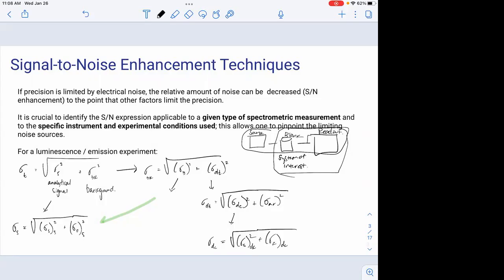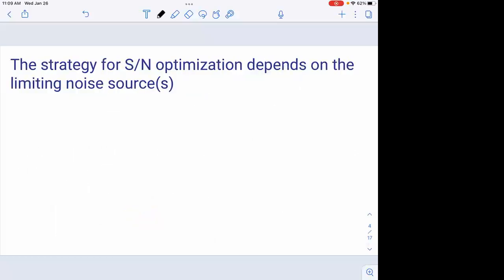So this is all fine and theoretical and dandy, but I want you to think about how we might actually try to troubleshoot some of this in the lab.